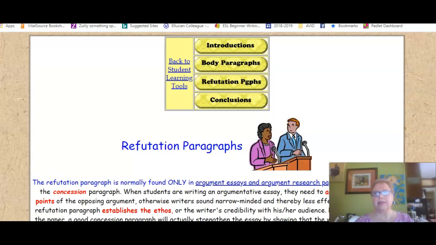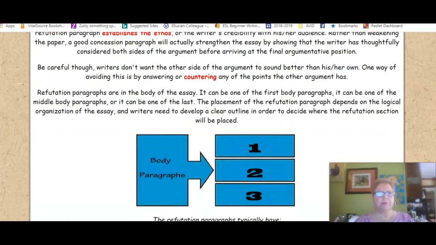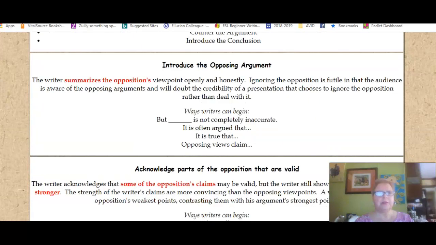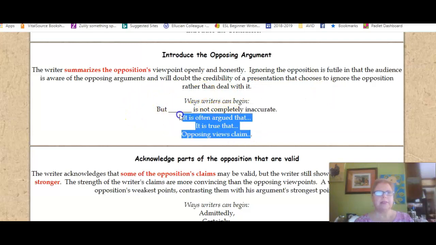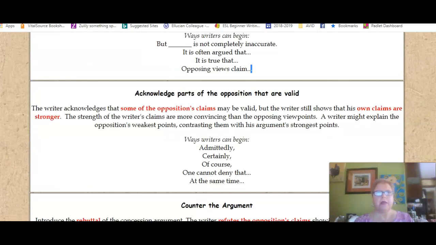The reason I like it is because it is very easy to read, and it gives you some language that you can use, like to introduce the opposing argument here. It is often argued that, it is true that opposing views claim. That's a good way to introduce that opposition.